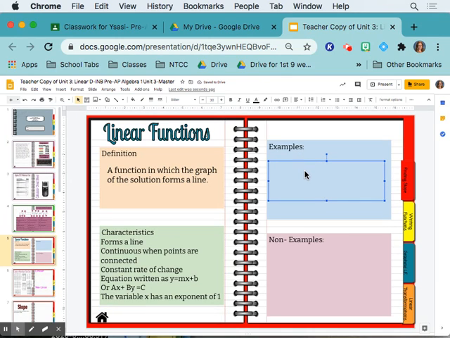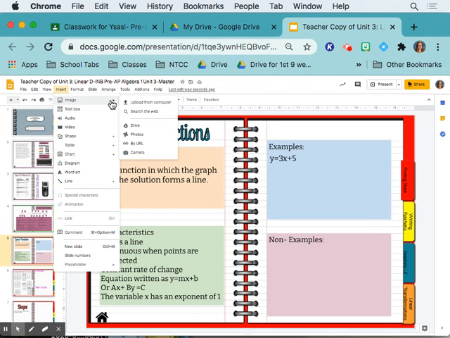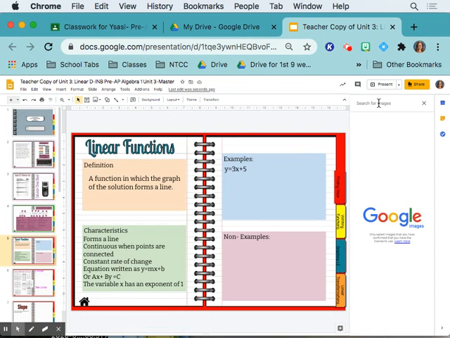Okay, some examples of a linear function. Let's go ahead and just write an equation. So y equals 3x plus 5. It's an example. Let me see if we can find an image from the web. Linear function.